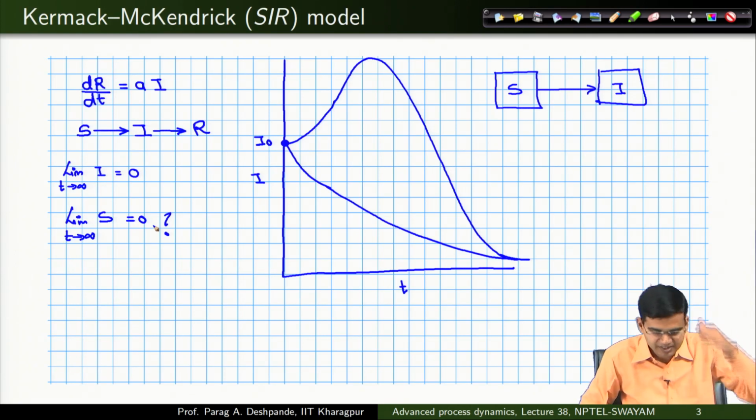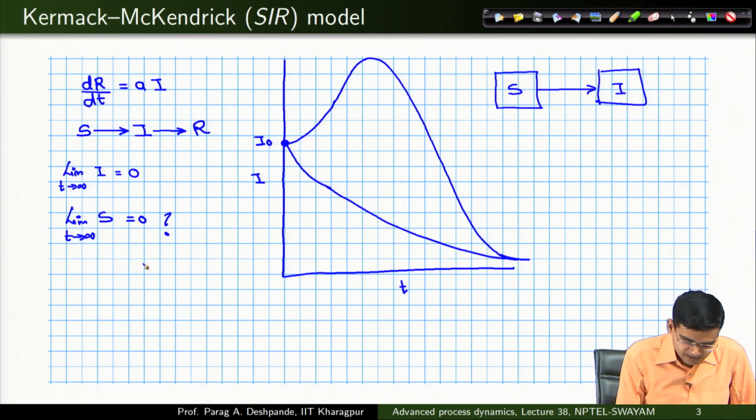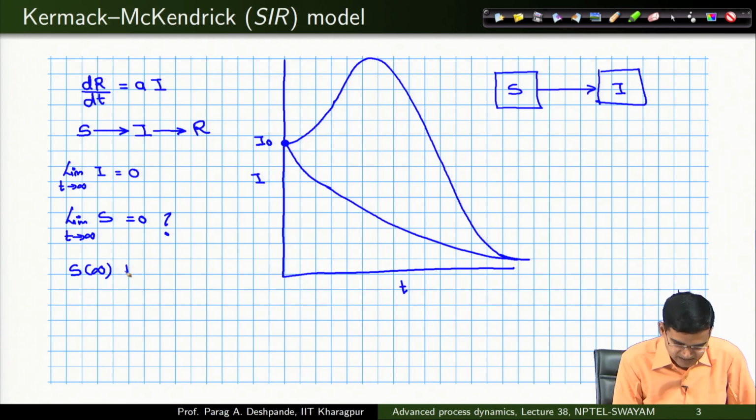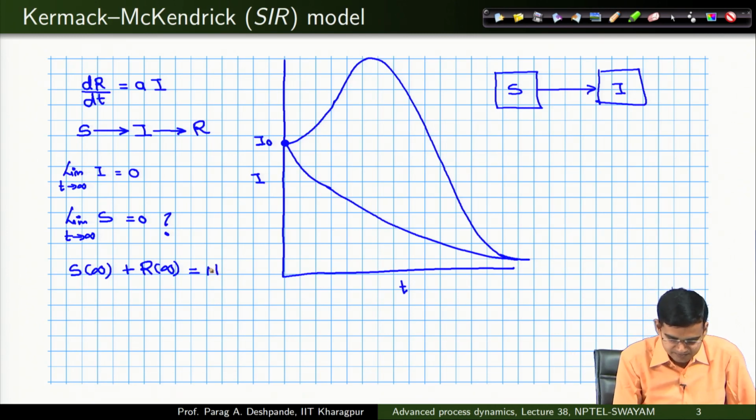And that can be established by the fact that S at infinity plus R at infinity, the total recovered population, is equal to n.